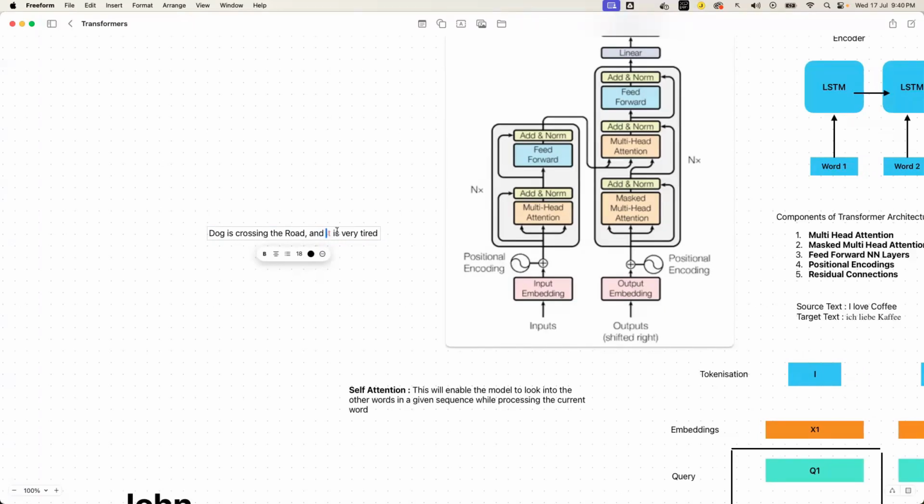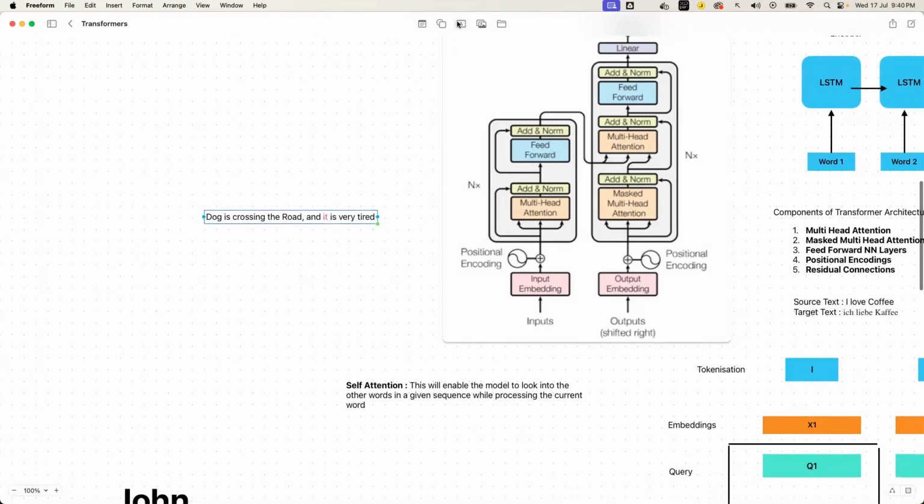And then I had initially left something called positional encoding. So what is this positional encoding? To explain the importance of positional encoding, just observe these two sentences. Dog is chasing cat. Cat is chasing dog.